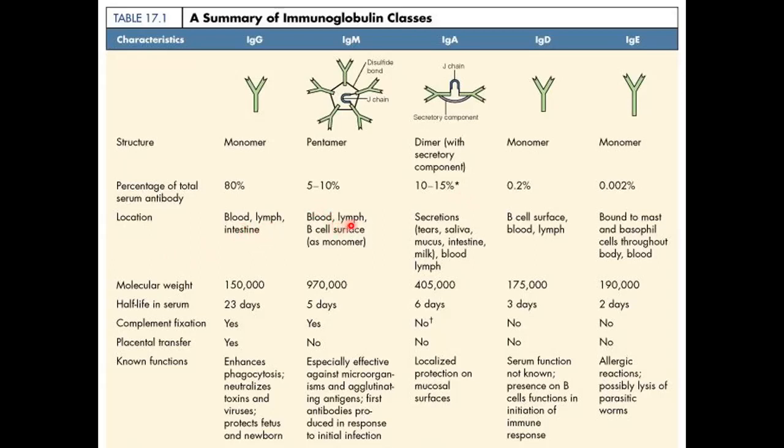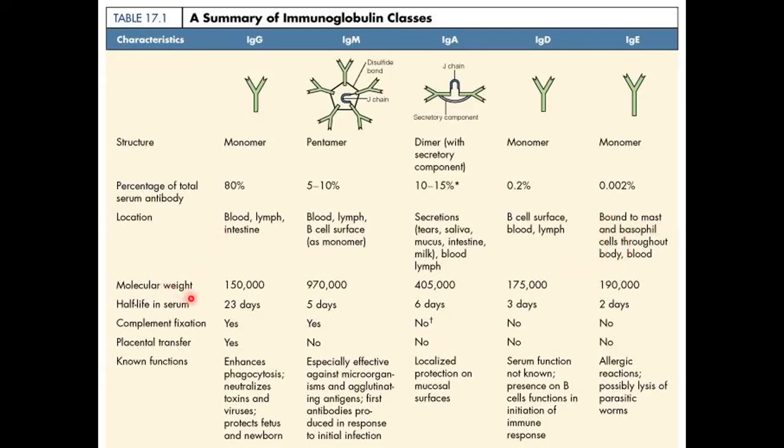IgM is in blood, lymph, as well as on the surface of B cells. IgA is present in secretions such as tears, saliva, mucus, intestine, milk, blood, and lymph. IgD is present on the surface of B cells, blood, and lymph. And IgE is present within the mast cells and basophils.